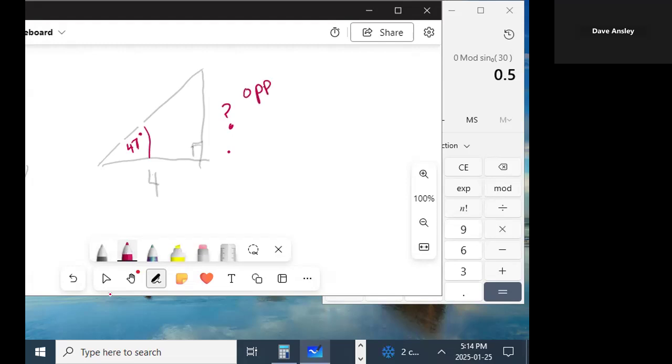Hypotenuse and adjacent. What do you know? We know the adjacent. You don't know a thing about the hypotenuse. We want the opposite. So by the shores of Gitchigumi, write this route down again.